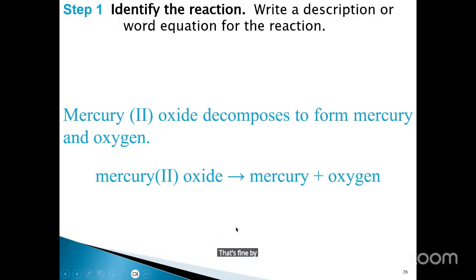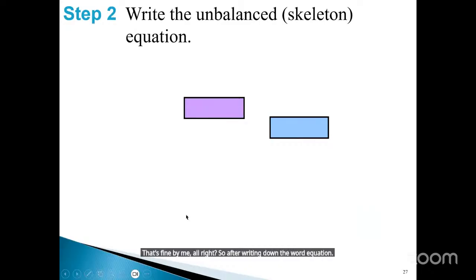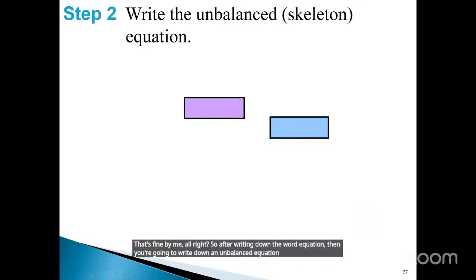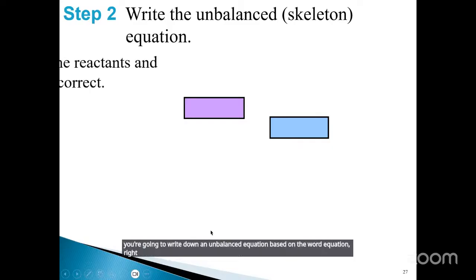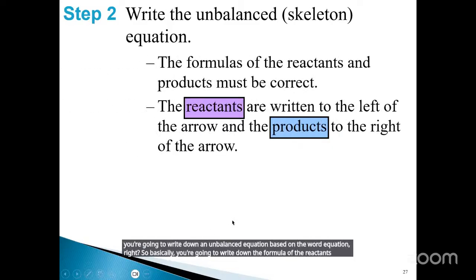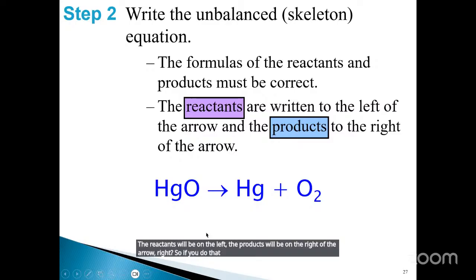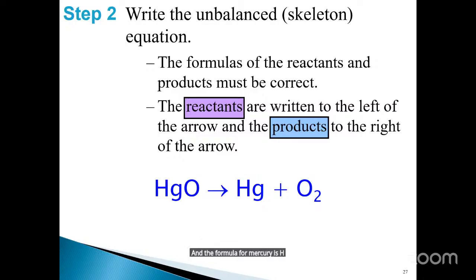All right. So after writing down the word equation, then you're going to write down an unbalanced equation based on the word equation, right? So basically, you're going to write down the formula of the reactants and the products on either side. The reactants will be on the left, the products will be on the right of the arrow, right? So if you do that, this is what you're going to end up with in the particular example that we just started off with. The formula of mercury 2 oxide is HgO, and the formula for mercury is Hg, and the formula for oxygen is O2.